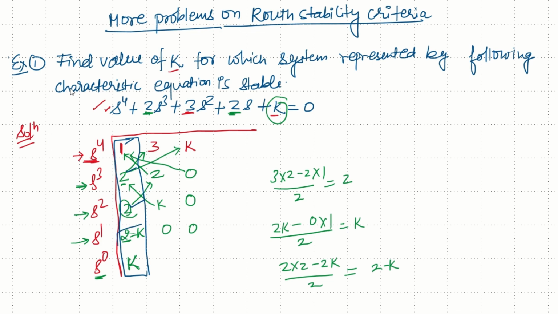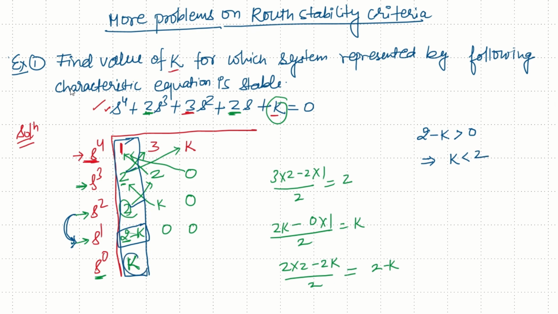Now, this value 2 minus k should also be positive, since the system is stable and there should not be any sign change between the s to power 2 and s to power 1 rows. Hence, 2 minus k should be greater than 0, and we can say that k should be less than 2.